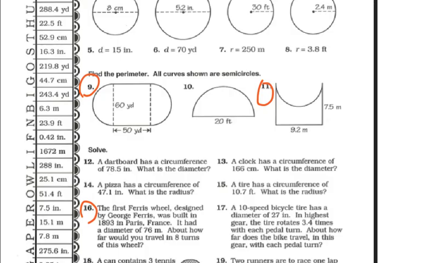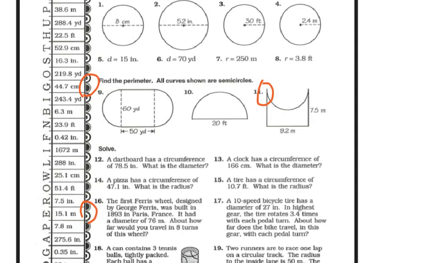And let's look and see if we can find it on the sheet. Oh, I see it right there. And we're supposed to cross out the letter right beside it. So number 9 is done. So take that in, make sure you really understand that we did not care about anything inside, perimeter, circumference. It's only about the outside.